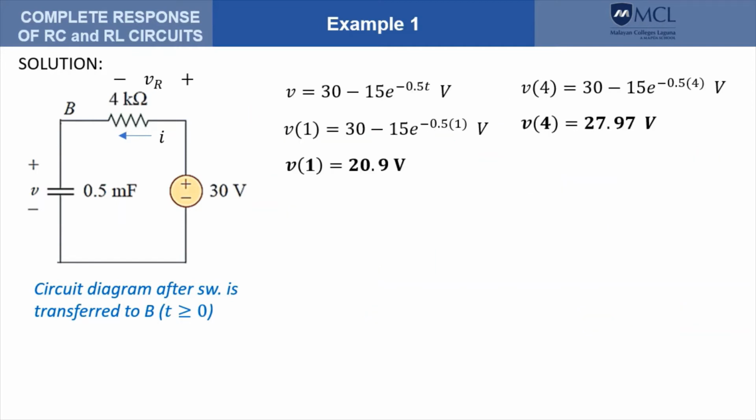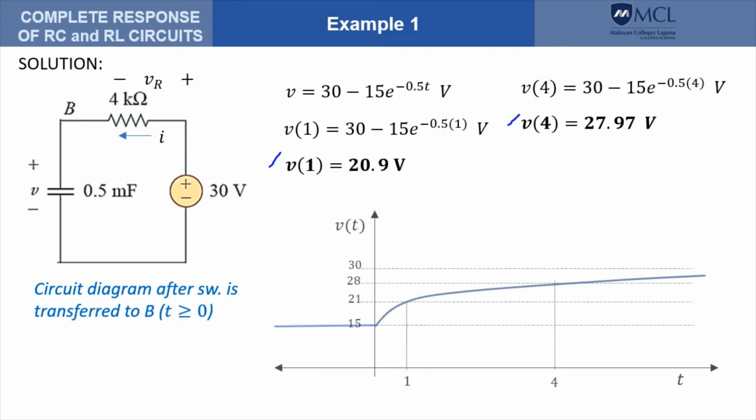Now that we have the equation for the voltage across the capacitor, we can get that voltage at t equals 1 and 4 seconds, and that should give us these values. We can also plot that voltage before and after the switch is transferred.